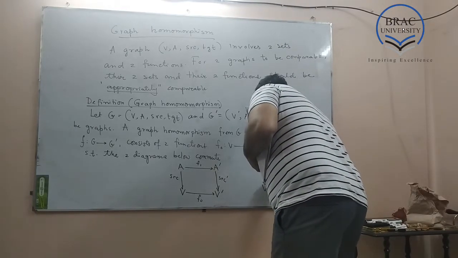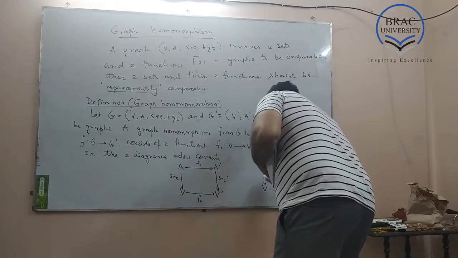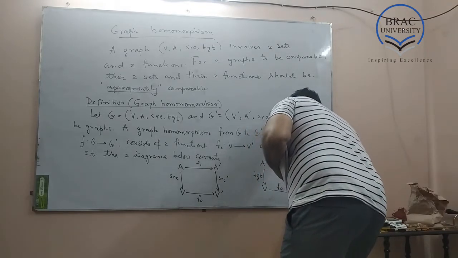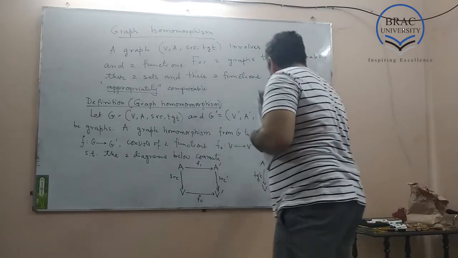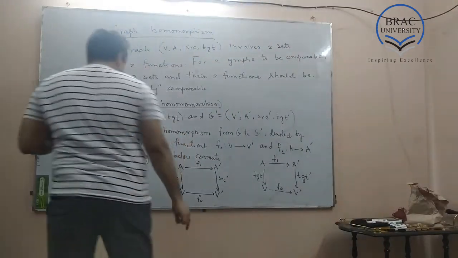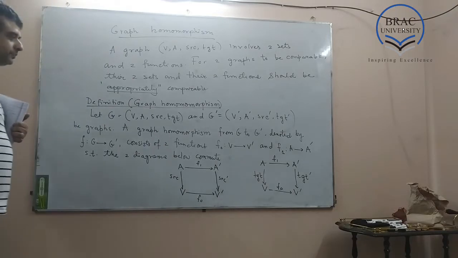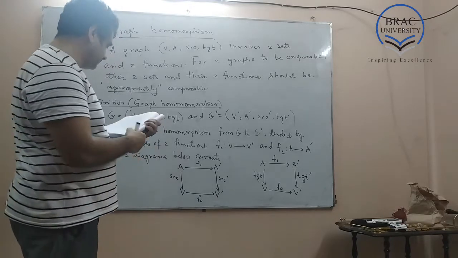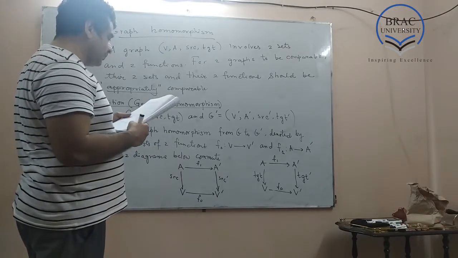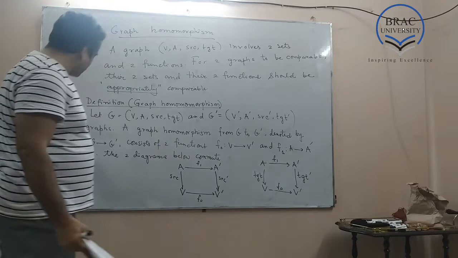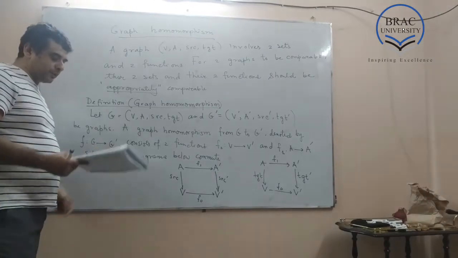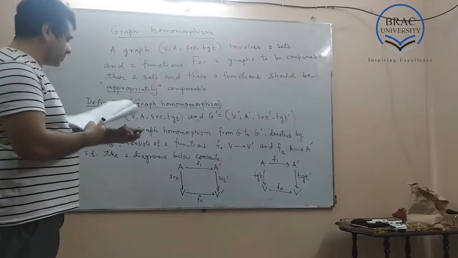Now, instead of the source map, we have the target maps, TGT and TGT prime. We want these two diagrams to commute. I mean that we want both of these diagrams to be commutative, okay? And if this is the case, then this f is called a graph homomorphism between these two graphs, G and G prime. So this is the definition.